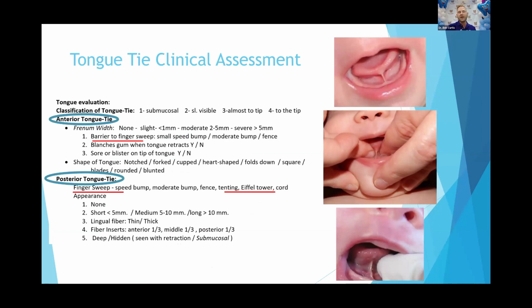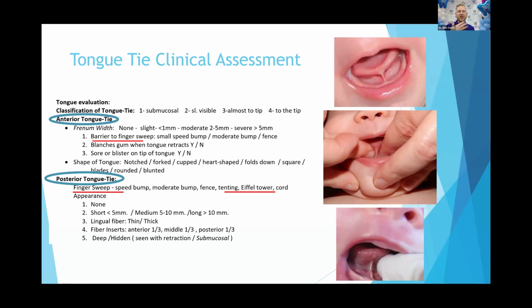Okay. We want to make sure that we're documenting in the chart also our anatomical or clinical findings. Okay. Is it attached all the way to the anterior tip of the tongue, like this top one or the middle one? Or is it more in the middle or posterior where it's way in the back? Do we have this classic Eiffel Tower look where the salivary glands are getting pulled up with it? One of the big things I like to document and think about is this finger sweep barrier.